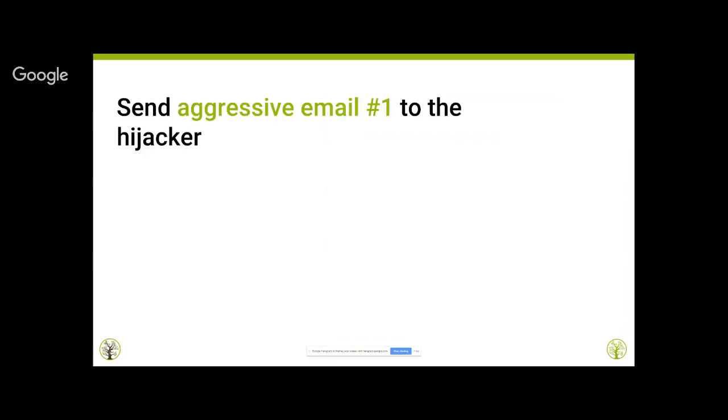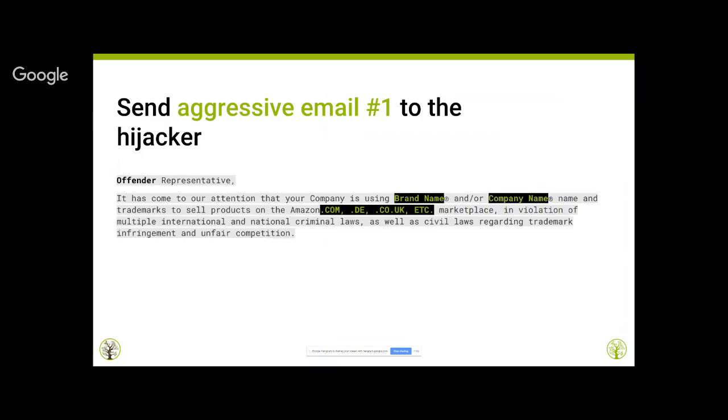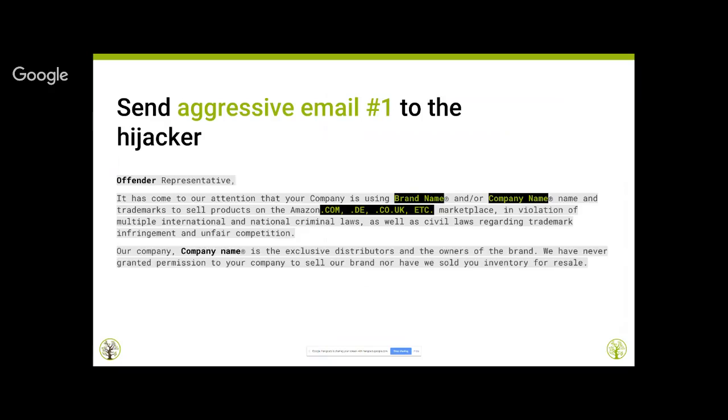So depending on your taste for this, you could do the more aggressive one. And this one is very similar, but just all in legal language, scary language. So here we say offender, that's them, representative. And I won't go through the whole thing, but it basically says it's come to our attention you're using our brand name or our company name to sell products on whichever Amazon marketplace, and that's in violation of all the laws.